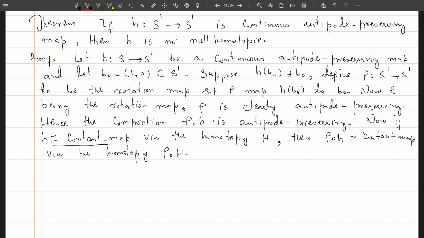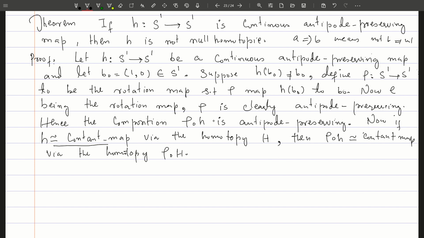So we are using here the contrapositive statement. Here A implies B means not B implies not A. So if these two maps are homotopic, then these two maps are homotopic. In other words, if these two maps are not homotopic, then these two maps cannot be homotopic.